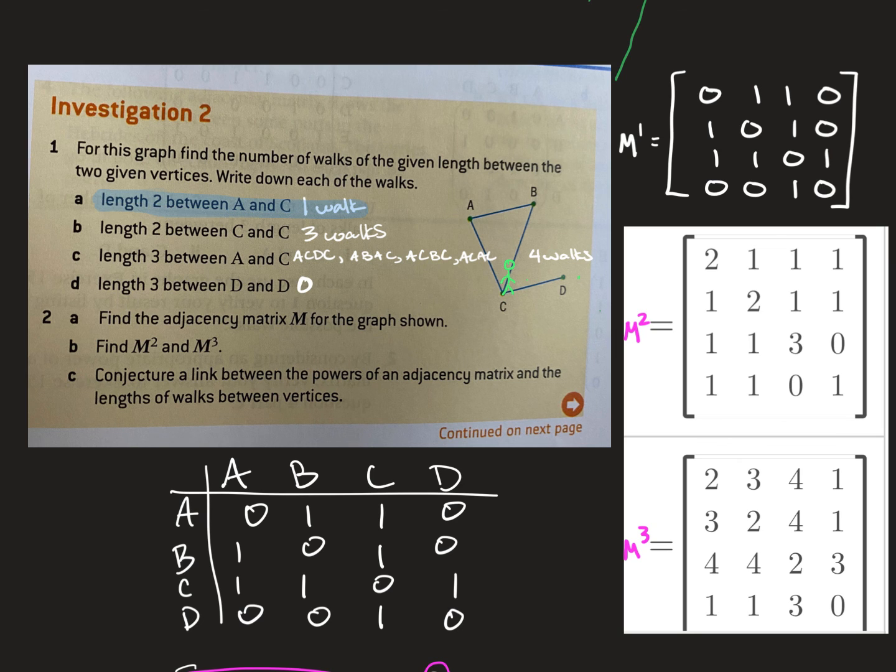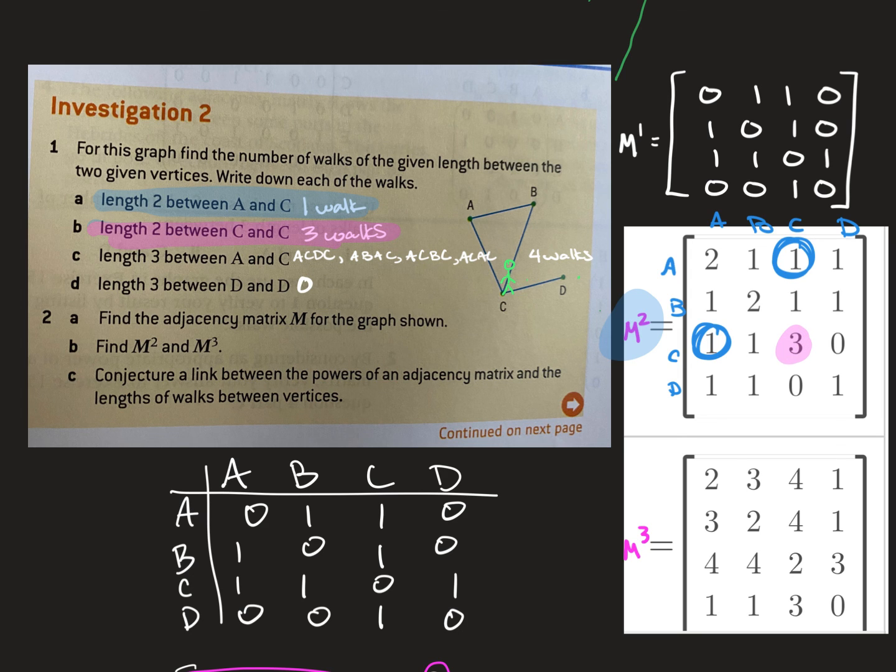Length 2 between A and C. Well, length 2, I'm going to start looking at m squared, and if we have A, B, C, D, A, B, C, D, notice that between A and C, both ways, we end up getting 1 walk. Between C and C, we're going to get 3 walks.